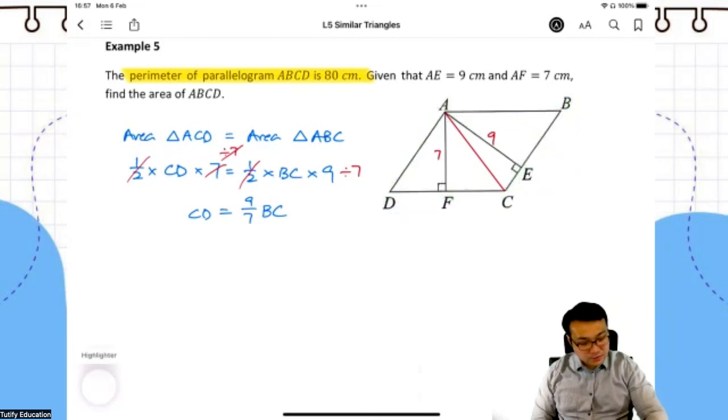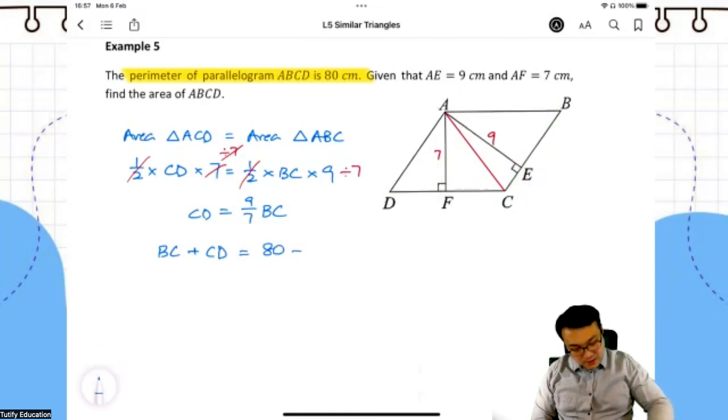So if I just want to find BC plus CD, what is it? 80 divided by 2. Very good. Let me write it down. So BC plus CD should be 80, the perimeter, divided by 2. It is half of the perimeter, and we will get 40.